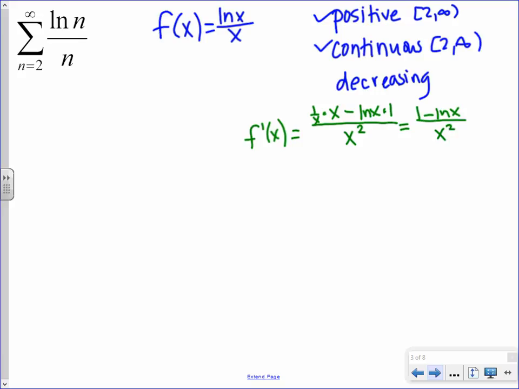You show how you know it's positive or continuous. No, those should be trivial, right? Okay, so here's our derivative. Is that going to be a negative value?